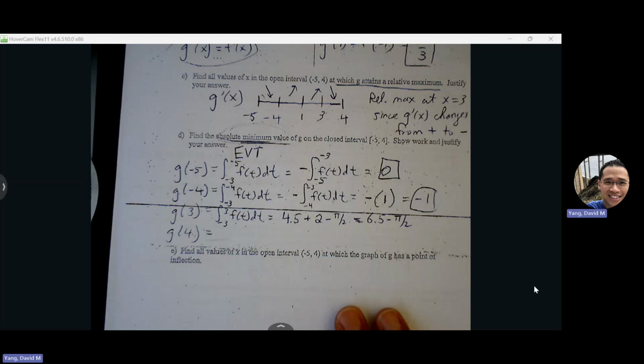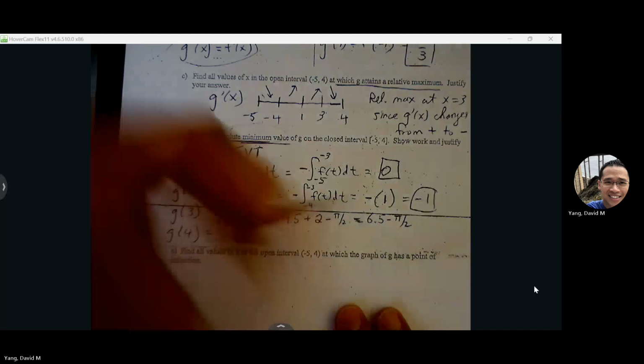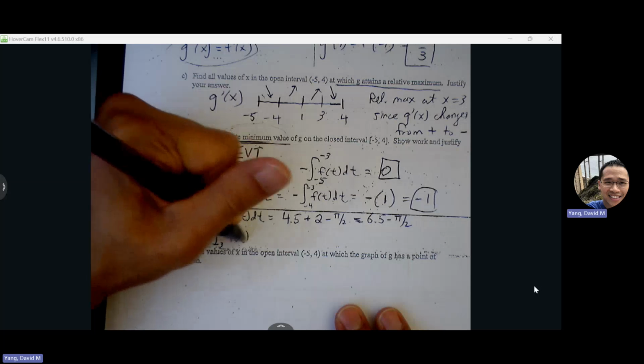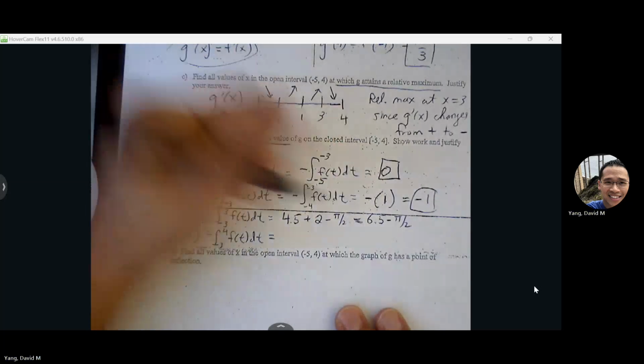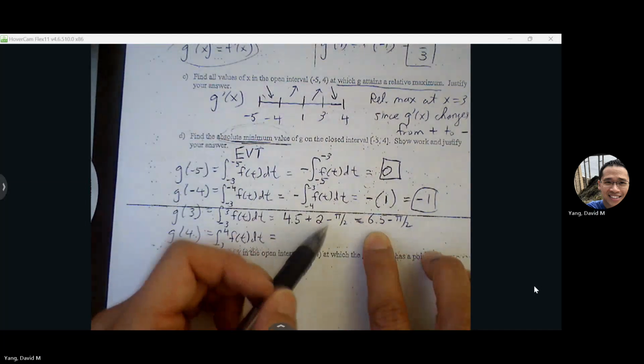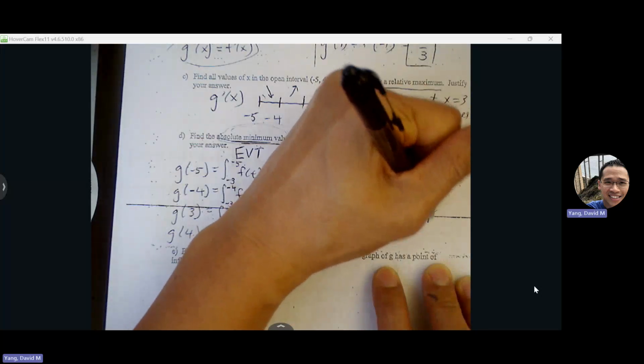Okay, G of 4. Integral from -3 to 4 of f of t dt. Oh, sorry. There's a +1/2 in here as well.